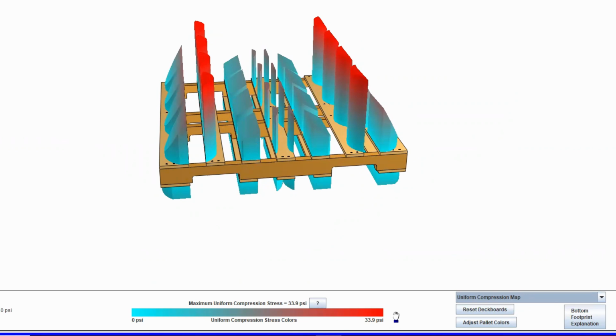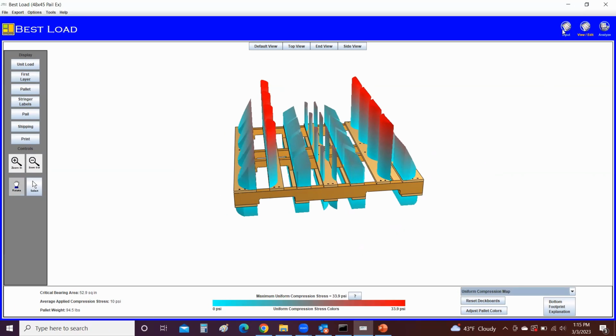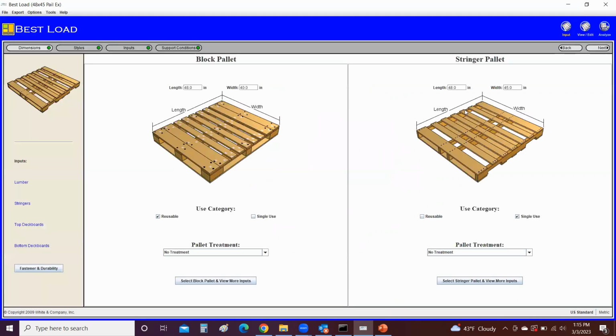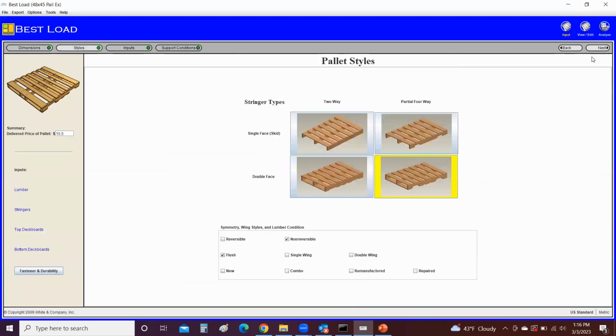In order to reduce the cost of the pail, we must reduce the wall thickness, and to do so, reduce the applied stress on the unitized pails. If we proceed to the pallet design, one aspect we can take advantage of is adding a double wing.